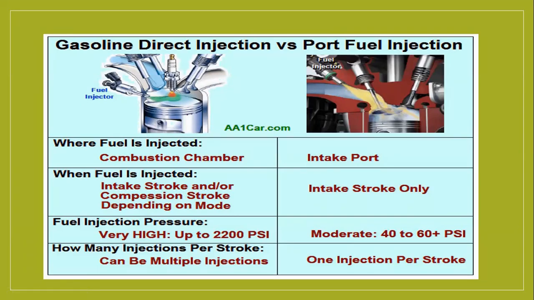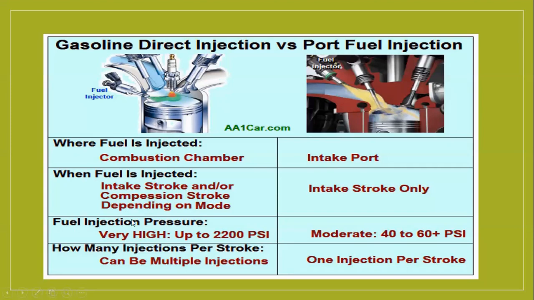During the compression stroke it will never spray. Fuel is injected only in the intake stroke, sometimes the initial stage of compression. At the end of compression the spark will be there.